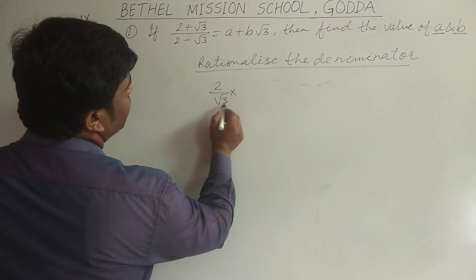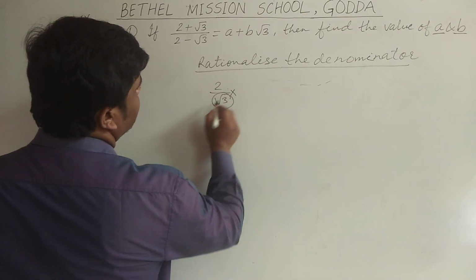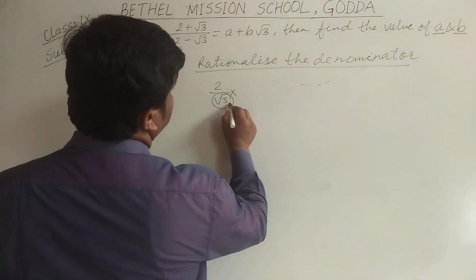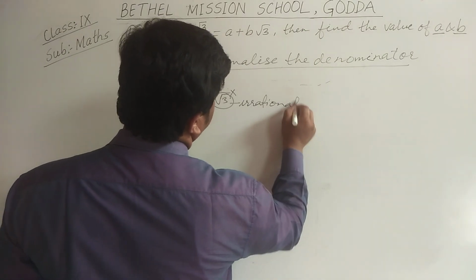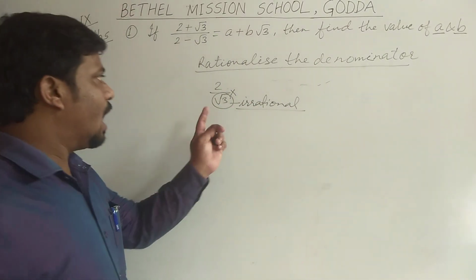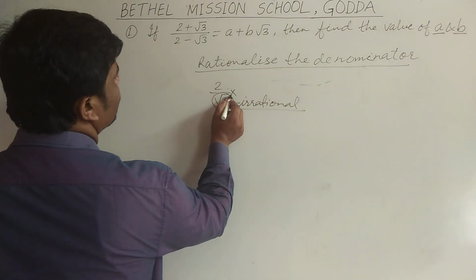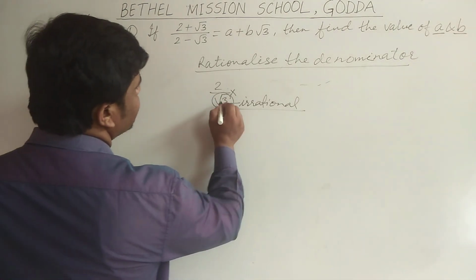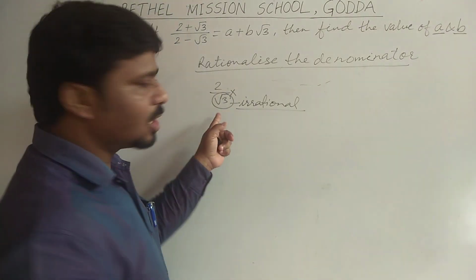You can see this denominator is irrational. So how can you make this denominator rational? What will be the process? For making this denominator rational, we will take the conjugate.